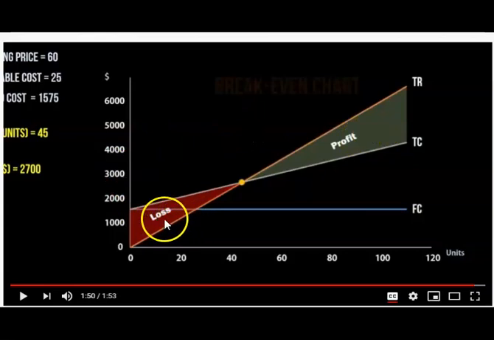The reason why they're making a loss is because the total cost they're spending is more than the amount of revenue they are receiving. And then here, the amount they've received in revenue is higher than the total cost, that is the amount they've spent. So this is all about the graph.